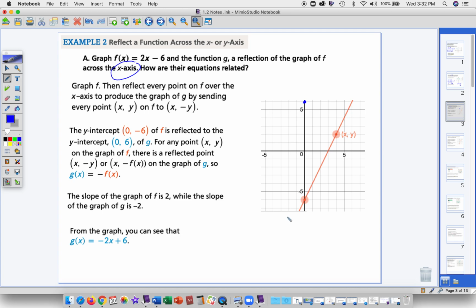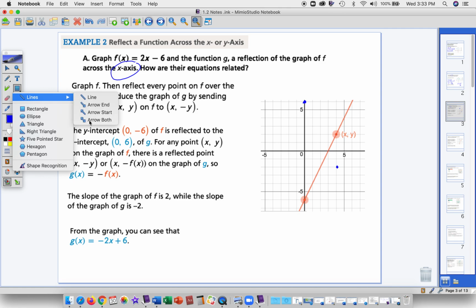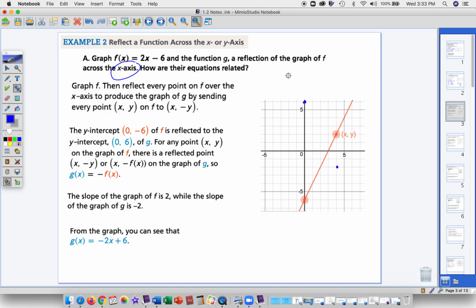That's the y-intercept of what will be our new line. We can also reflect this point, they're calling it x, y. We flip that over the x-axis, so it's 2 units above, it's going to go 2 units below. So there are our 2 points that we can use to sketch our line.